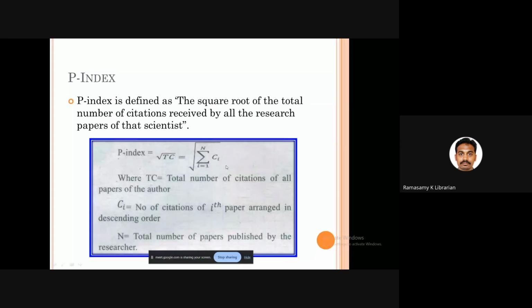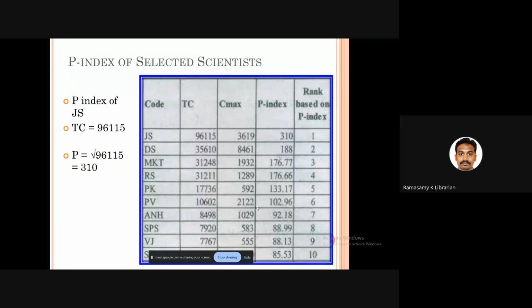A very simple calculation. For example, let me take the case of the author called JS. He has received a total citation of 96,115. The square root of 96115 is equal to 310. So the P index of this particular author is 310. Okay, that is the proposal of Prem Virat.